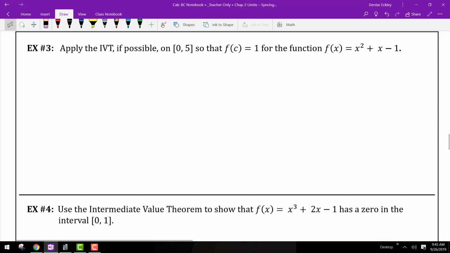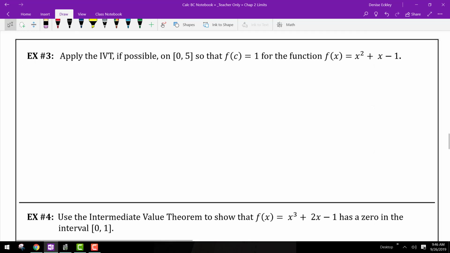Okay, so now what we're supposed to do is apply the IVT, if possible, on 0 to 5, so that f of c equals 1 for the function f of x equals x squared plus x minus 1. So here's how you need to start all these if you're using the IVT. First, you have to state that f is continuous if it is, or if it's not, you need to state that.